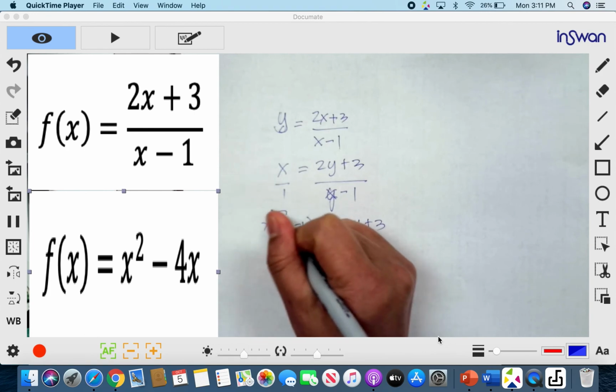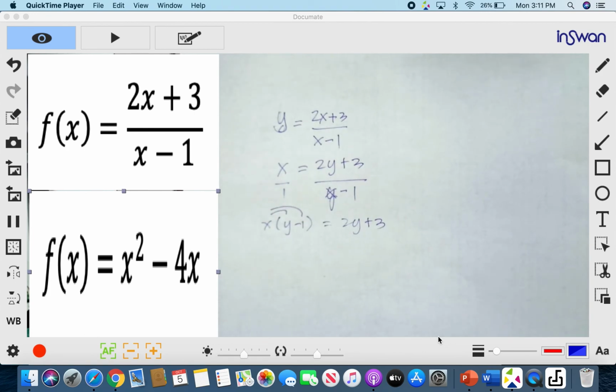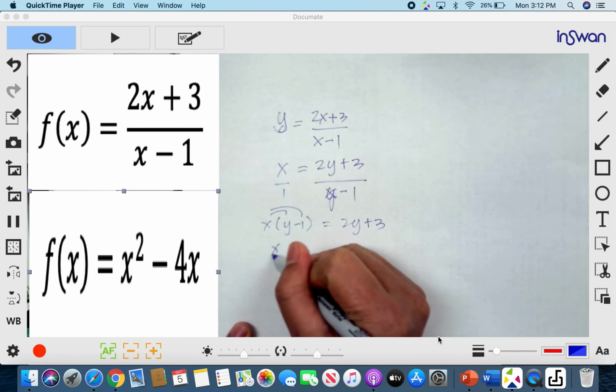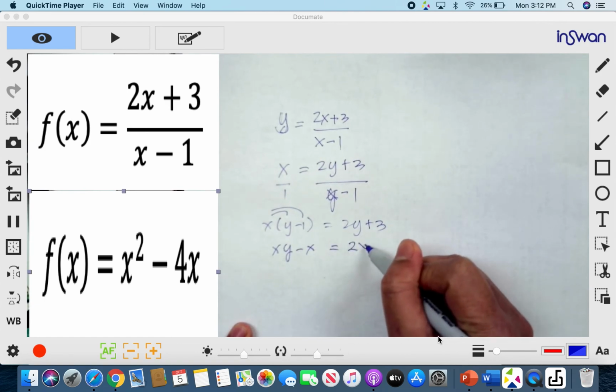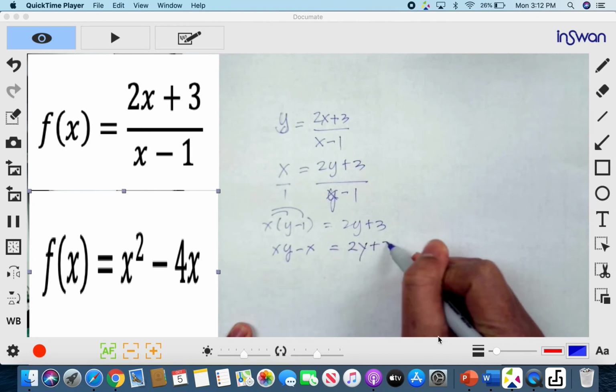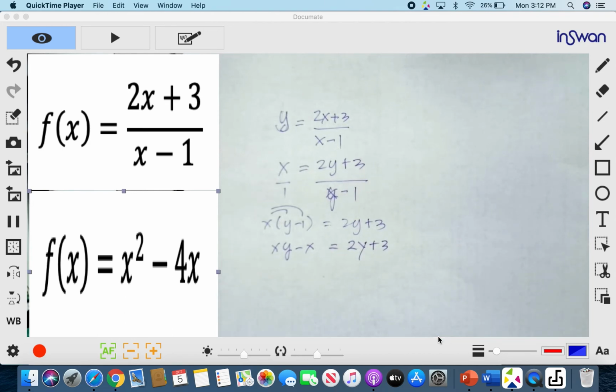So you distribute x to y minus 1 because it tells you to do so, and another thing because you want y to be out of the parentheses. So you have xy minus x is equal to 2y plus 3. Okay, and then after that, you need your y to be together and the others to be together too.